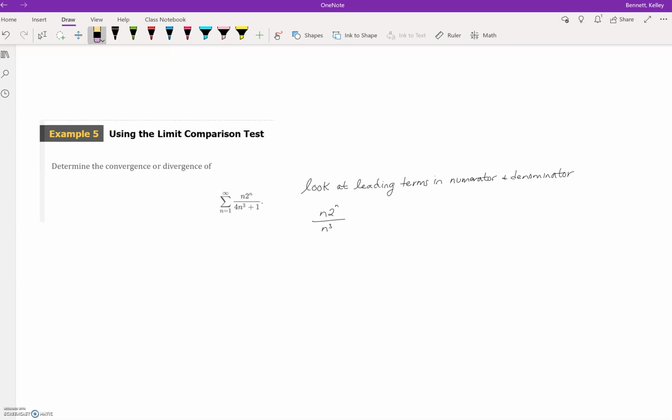So then what I would do is simplify this. So I would really have 2 to the n over n squared.